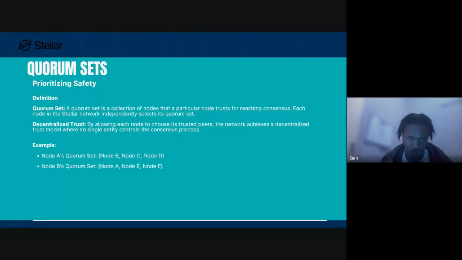But when you as a node operator select your own nodes, whether node F or node D or node L, then in itself it falls under the spirit of decentralization.